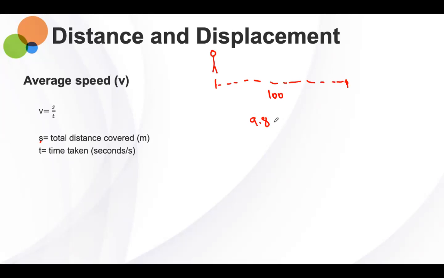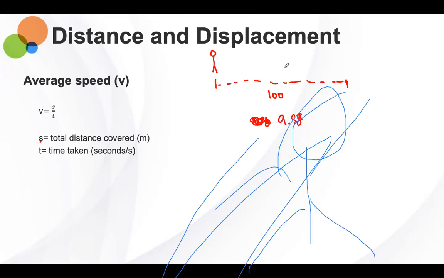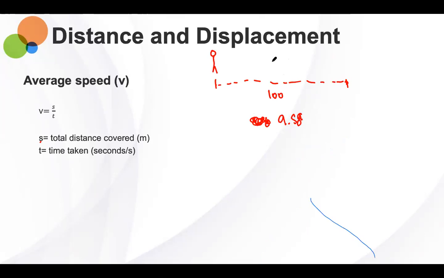Is that the record? No, 9.58, sorry. You go ahead and divide 100 by 9.58 seconds to find out his velocity or his average speed.